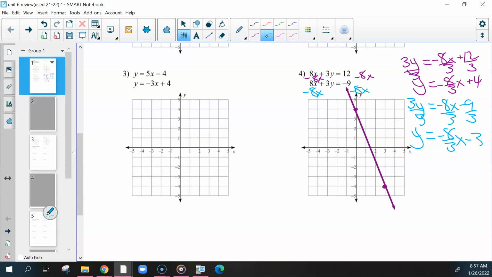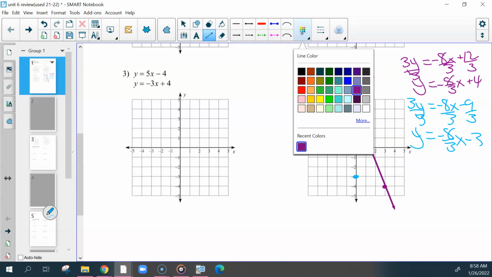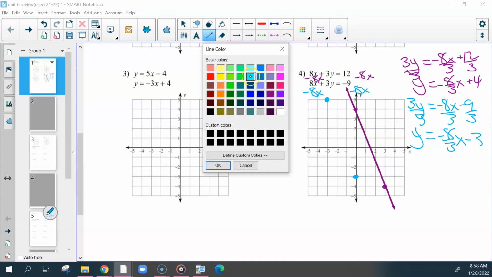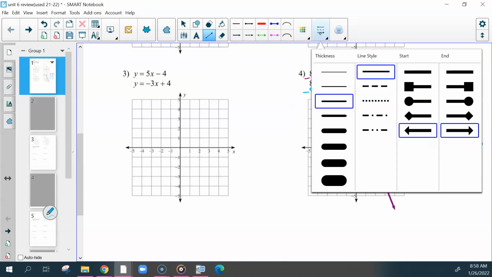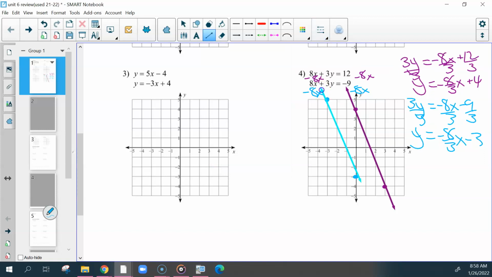The second one is going to be at negative 3 with the same slope, so we go up 8 and to the left 3, and draw my line.